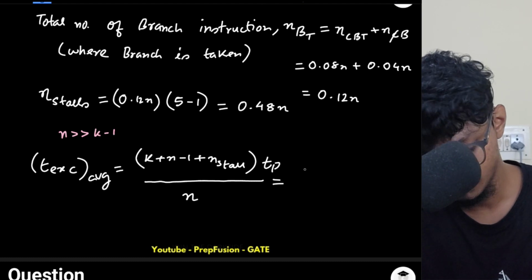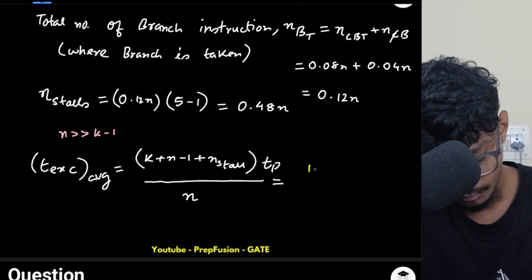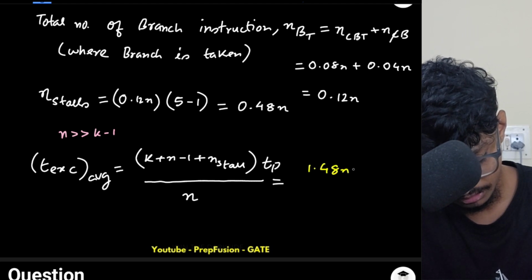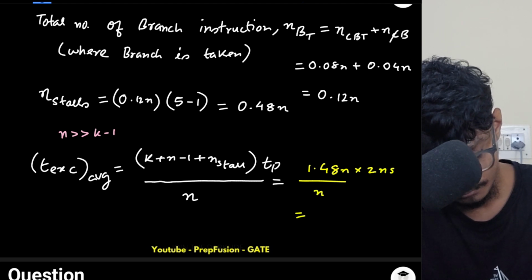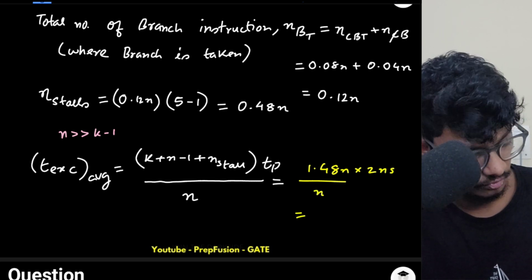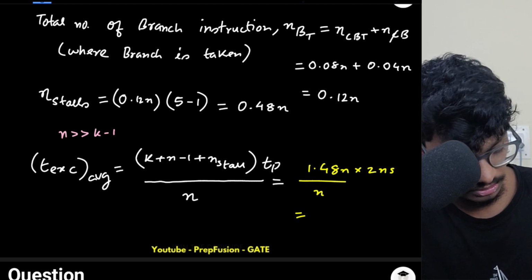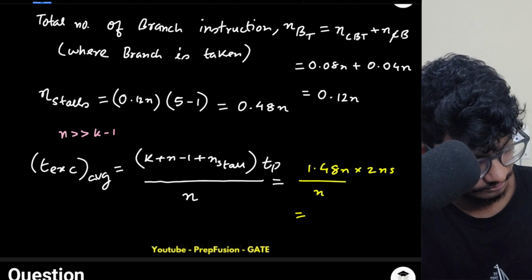So this will be equal to 1.48 N into 2 nanoseconds divided by N. So it will be 2 into 1.48, which is almost equal to 2.96.